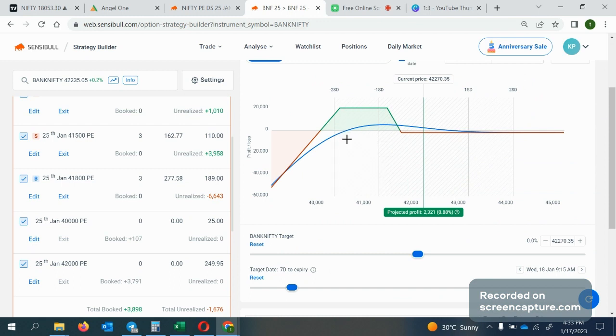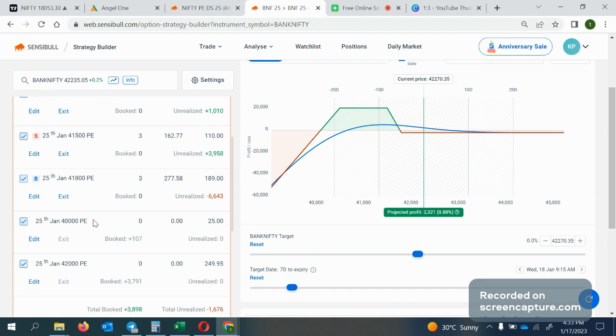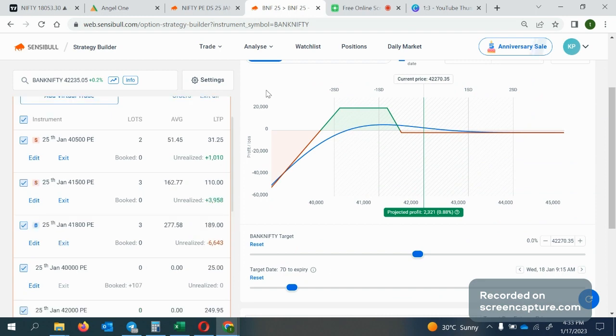So what adjustment have I done today? Let me show you. I've just closed this one, guys, 40,000 PE. This is the reason.